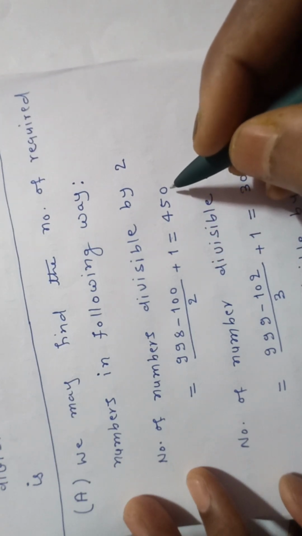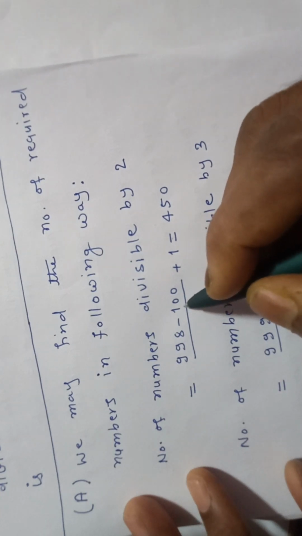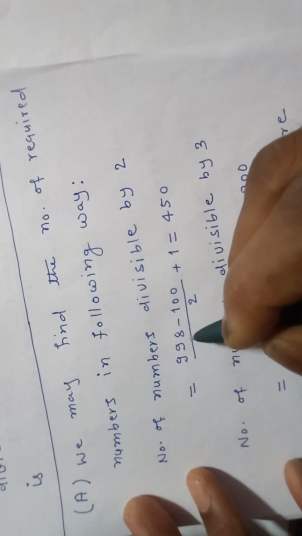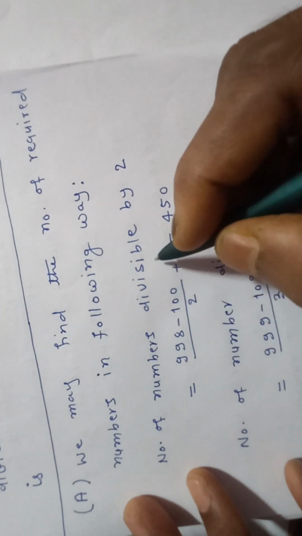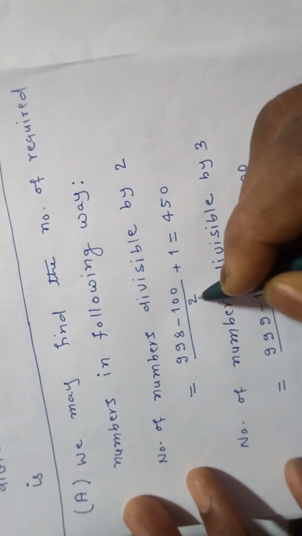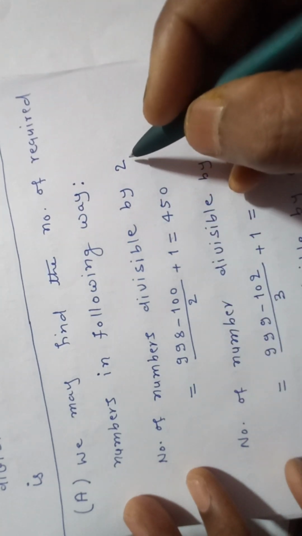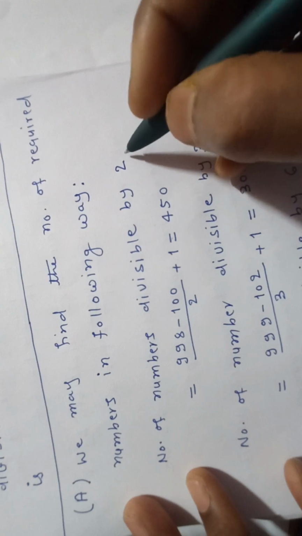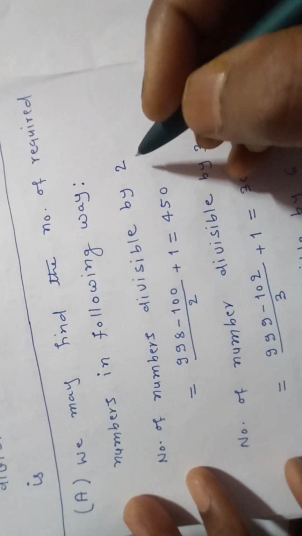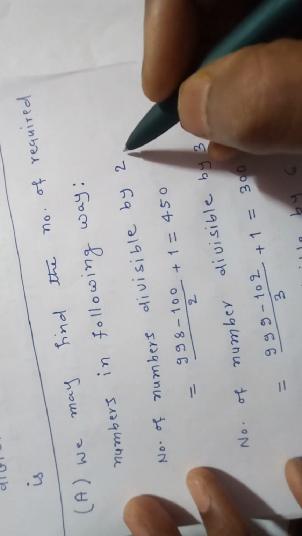which is equal to 450. Because numbers from 100 to 998 will form an AP whose common difference will be 2, and the number of such terms will give the number of numbers divisible by 2.